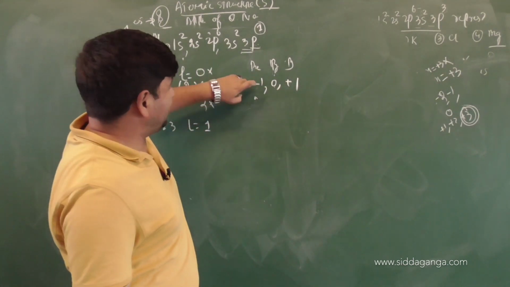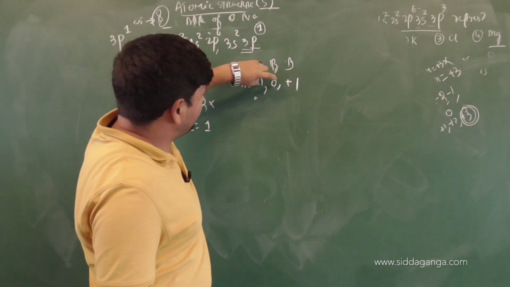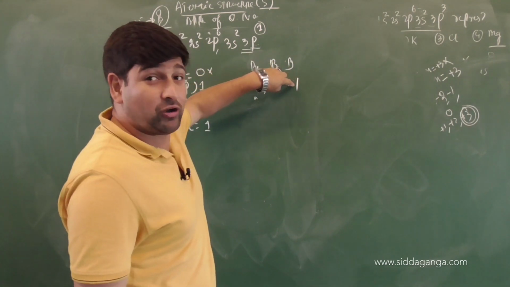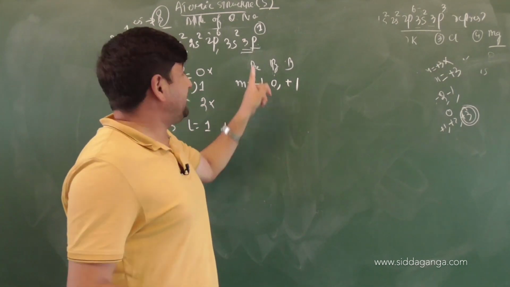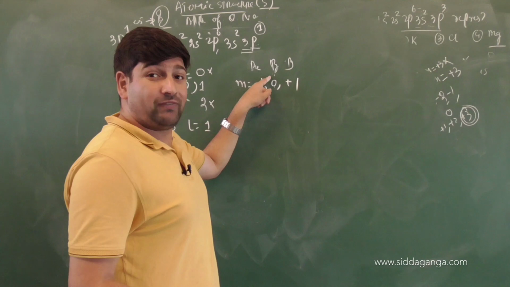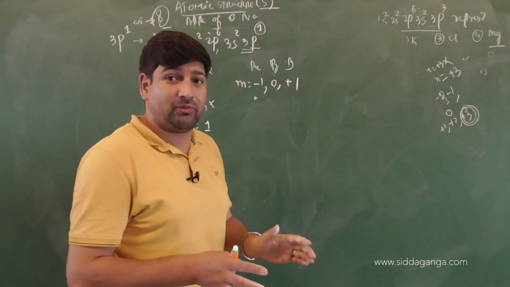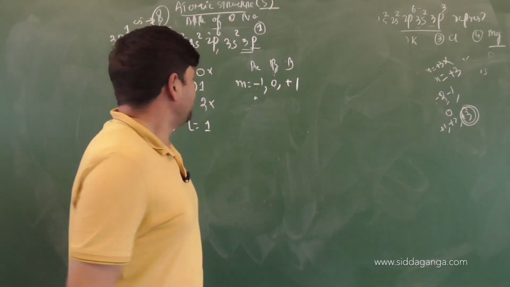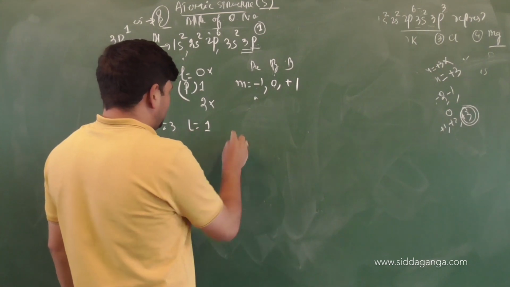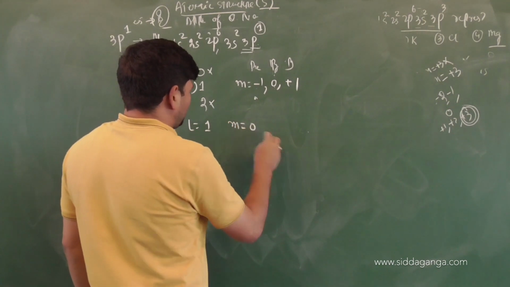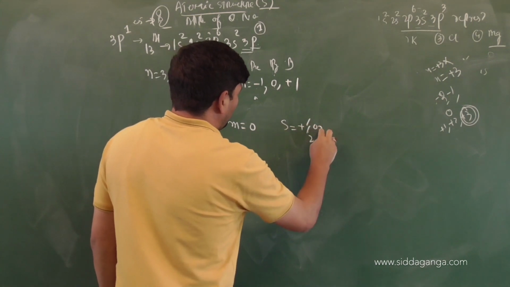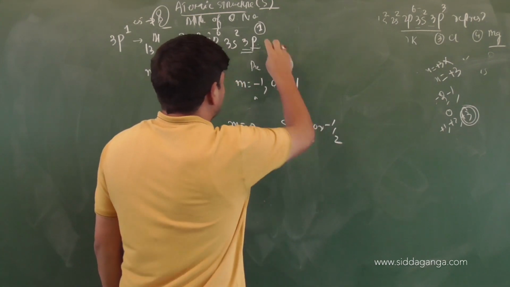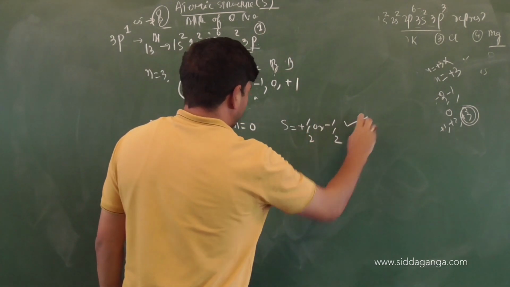So either you can represent -1, or 0, or +1, but not all the 3. Because if you say all the 3, that will mean 3 orbitals, and it is not possible for an electron to be present in all the 3 orbitals at once. So if you mention l equals 1 and m equals 0, s equals +½ or -½, because there is only one electron, this will be perfectly correct.